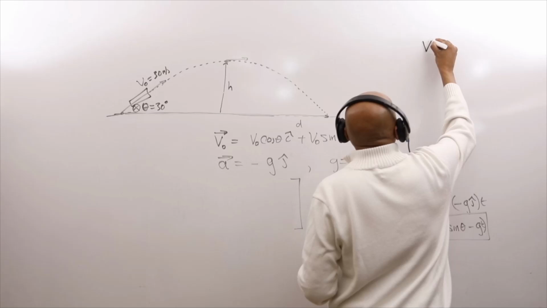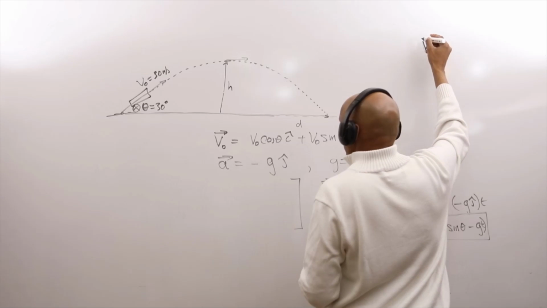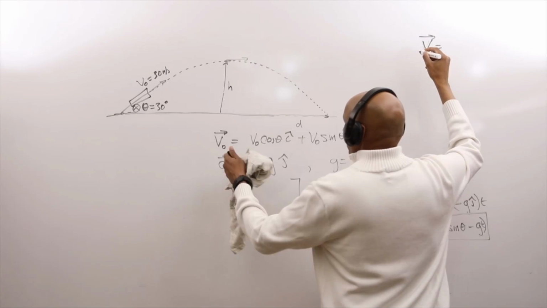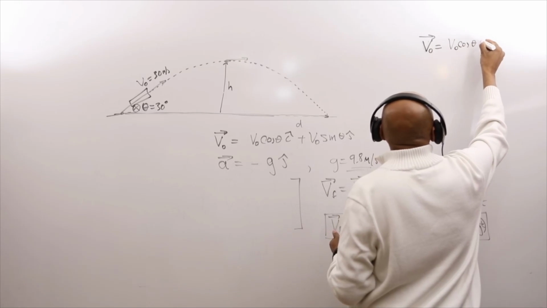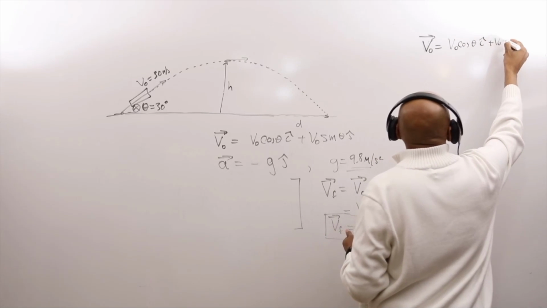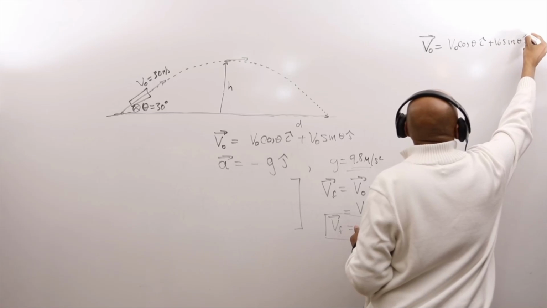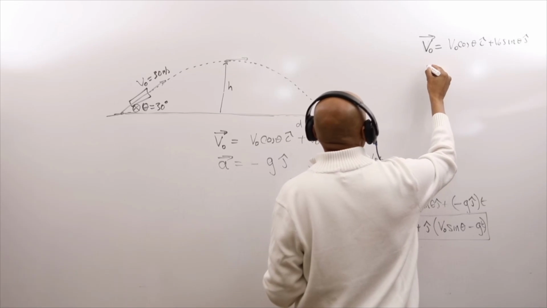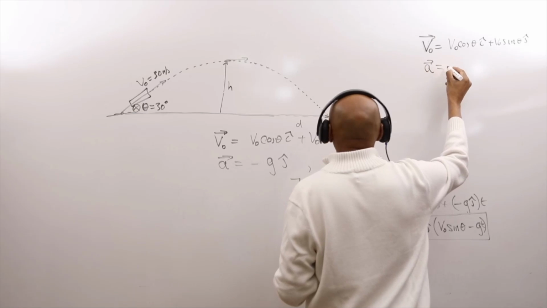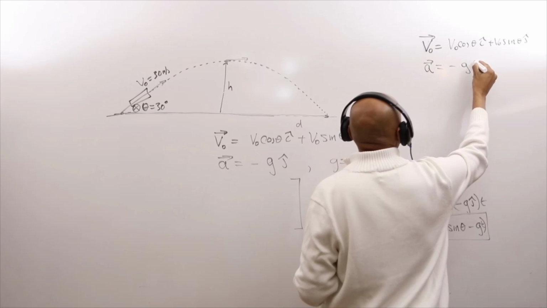So here is V0, the initial velocity vector when the cannon is fired: V0 cosine of theta i plus V0 sine of theta j. Okay? And we also know the acceleration of the system is minus g j.